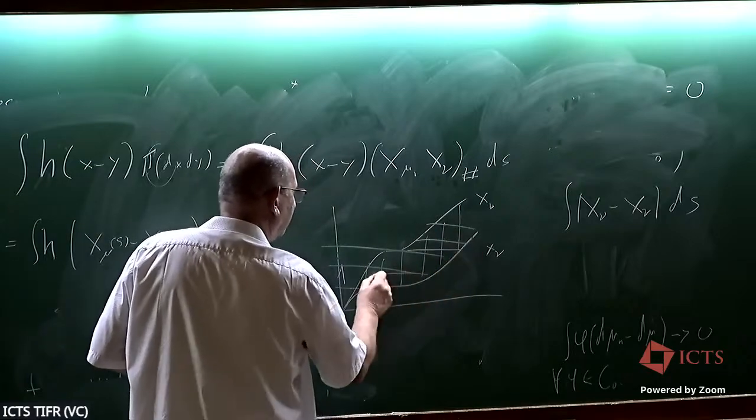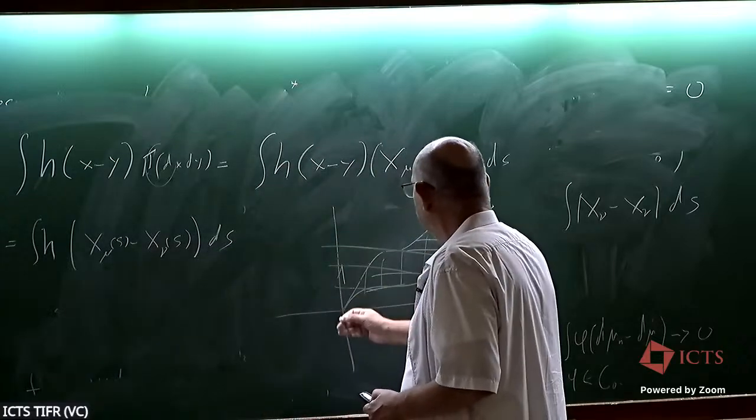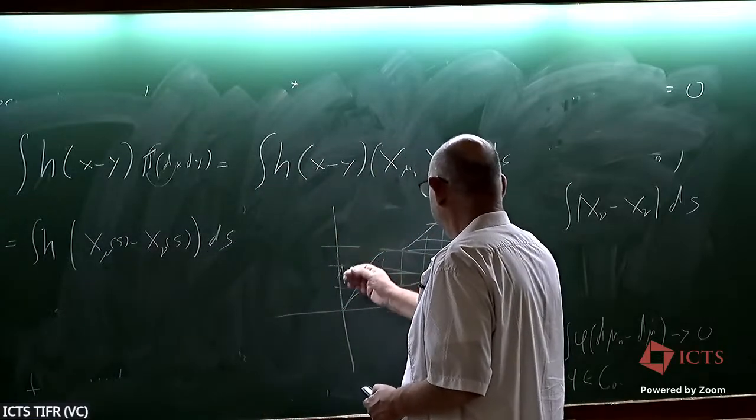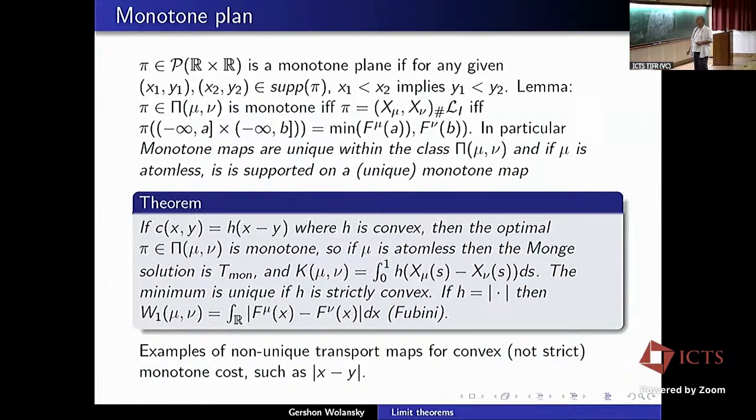But we can calculate the area with respect to the other variable and we get the same area. And F is the inverse of X. So only in this case of h being the distance, we can represent it in this form, just by using the accumulation function.